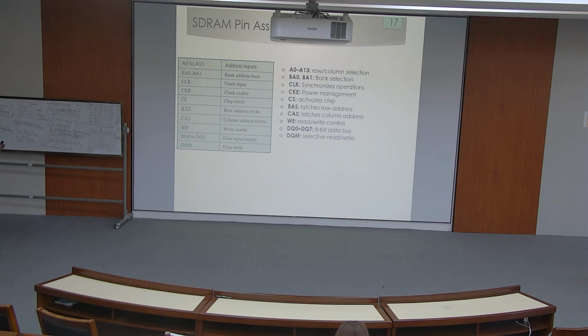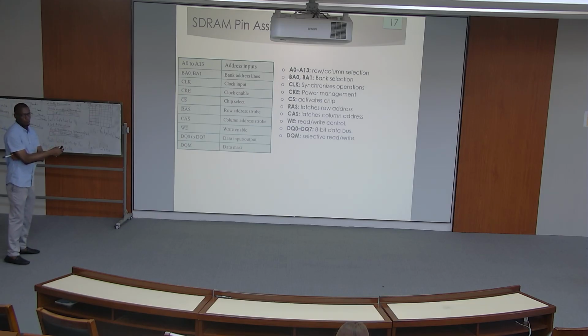Now we have the bank address lines. The bank address lines are very important because the synchronous DRAM has a multi-bank architecture, so we need the bank address lines to select a bank. Now, the next pin is the clock pin. The clock input is very important for synchronization operations.